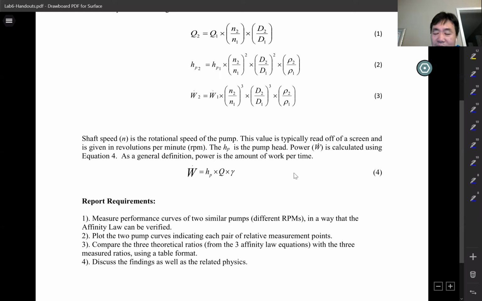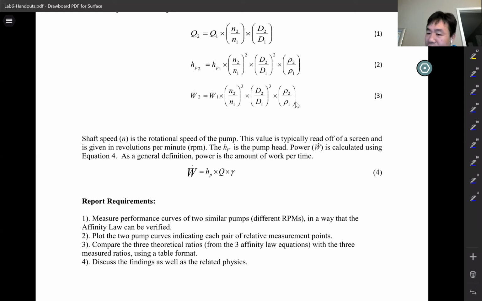I will talk about more detail later in the video. But here I want to say that for every pair of points, the ratio has to satisfy the affinity law. What do I mean by a pair of points? Basically, on each system, on every setting, the affinity law is satisfied. Every time you open a valve to an opening, that's considered a system.